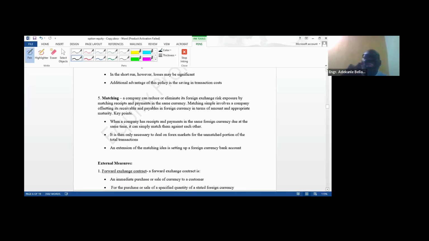Matching involves matching the timing of foreign receipts with the timing of foreign payments.